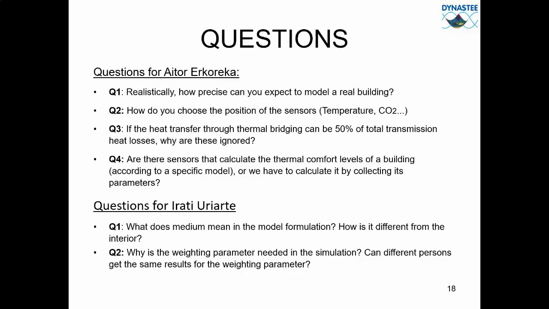Yeah, I think I answered this question, but when you make energy balances, you don't ignore them, because if you characterize a real building based on real monitored data, when you measure the heat input to the building, that heat input is partially lost through the one-dimensional heat transfer building envelope components, but part of that heat is also lost through the thermal bridging.